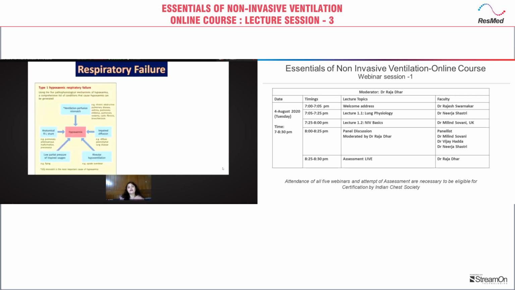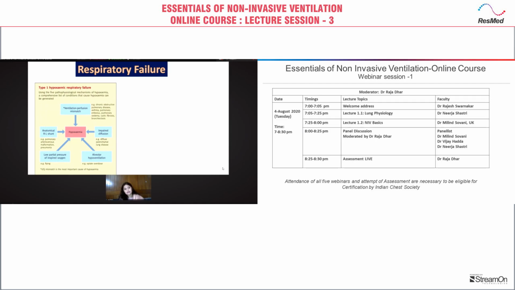Lung failure is because of majorly 3 causes. Out of that, ventilation perfusion mismatch is the commonest one. Then you have development of shunts, impaired diffusion, and alveolar hypoventilation.